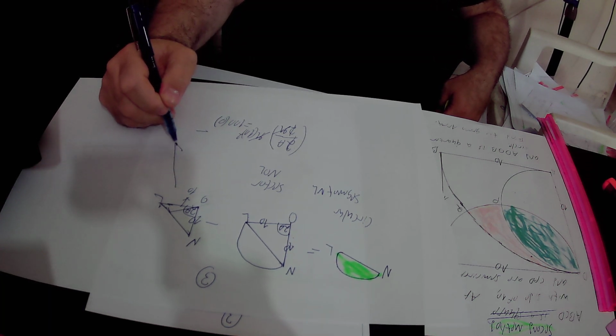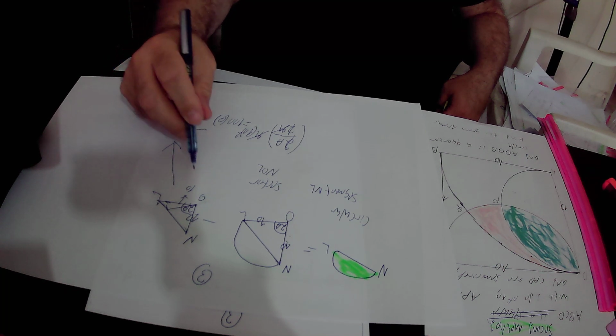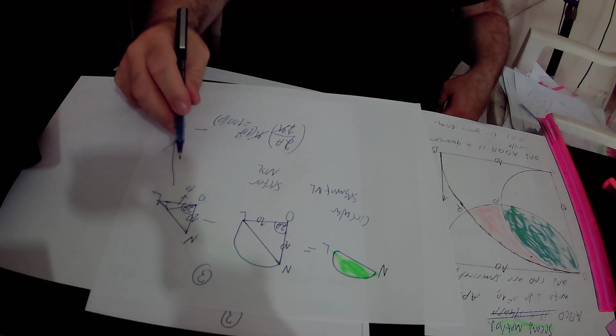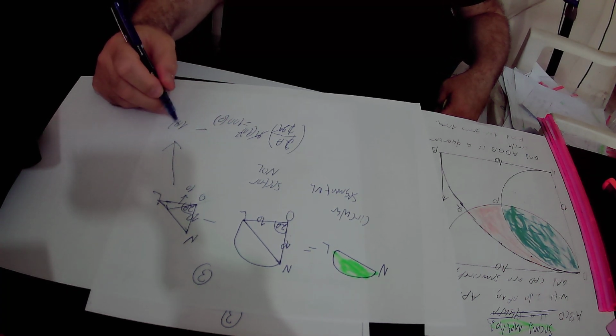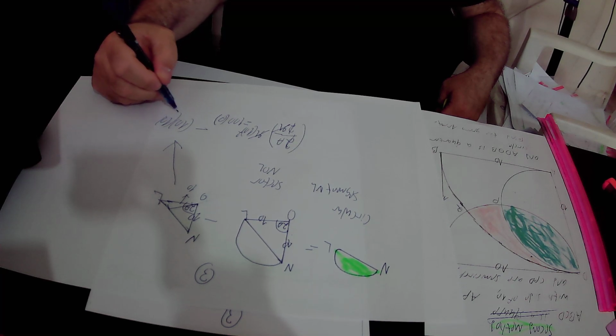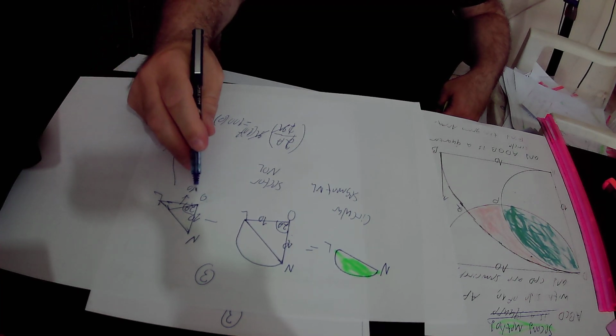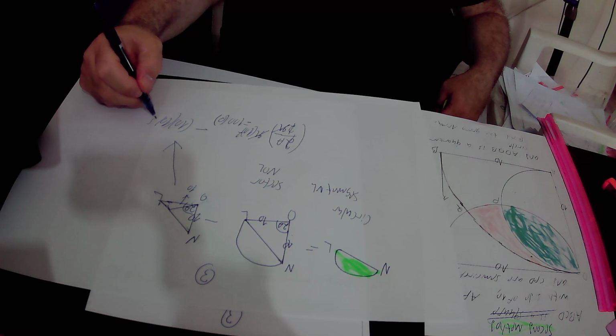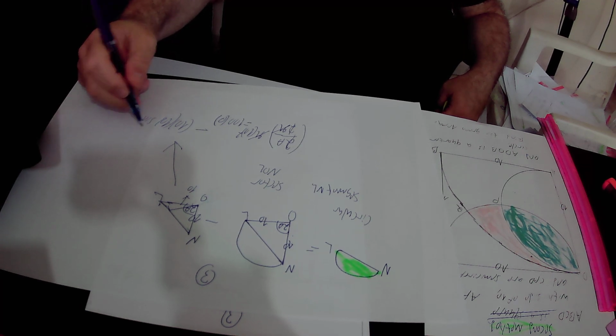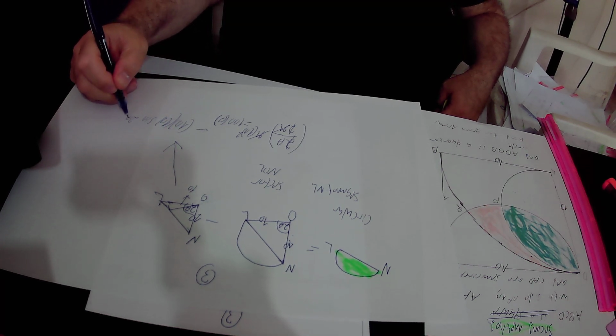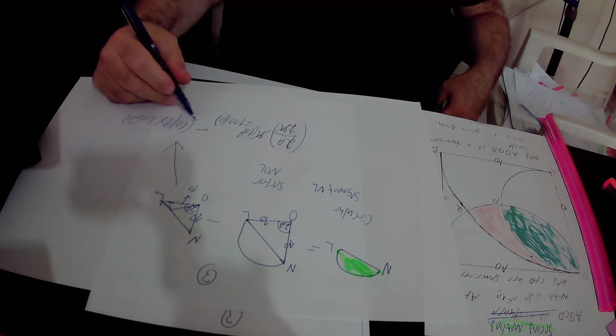So the area of triangle NOL equals the multiplication of the two sides by each other, that is 10 times 10, times sine of the angle between the two sides, that is sine 2 theta, over 2.